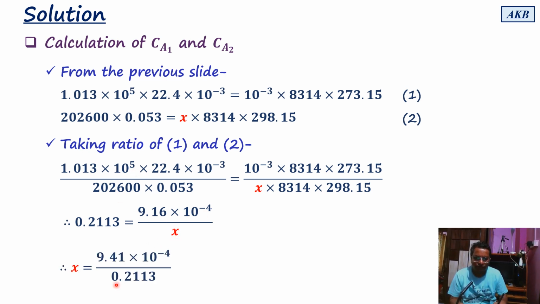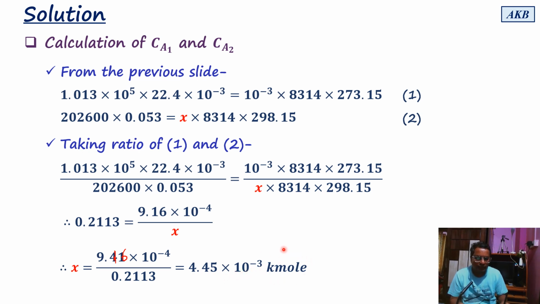And again, if you solve it, this is 9.16 into 10 to the power minus 4 divided by 0.2113. So that comes out to be 4.45 into 10 to the power minus 3 kilomole.